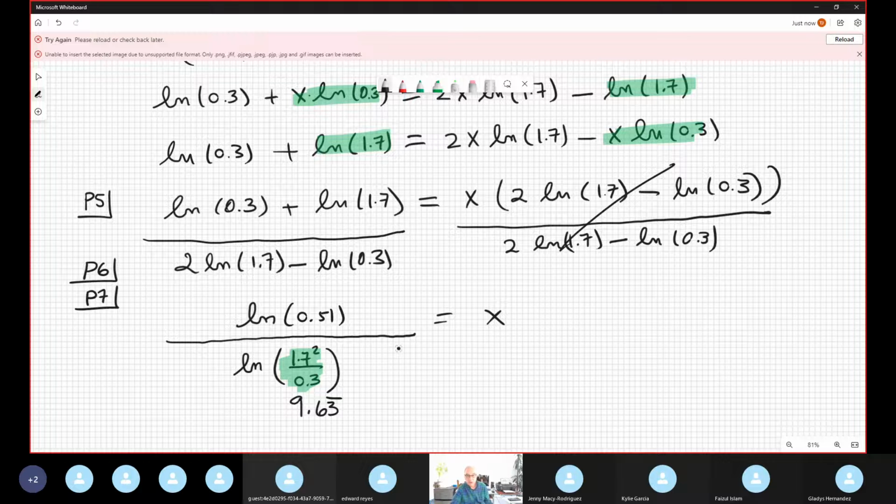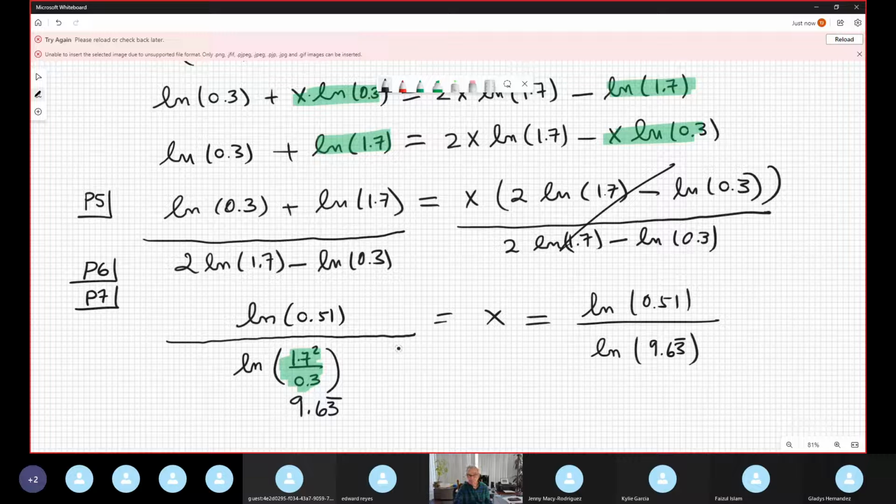Actually, the thing I tried to put in my calculator was ln of 0.51 divided by ln of 9.63 repeating. Or you put it something like that.